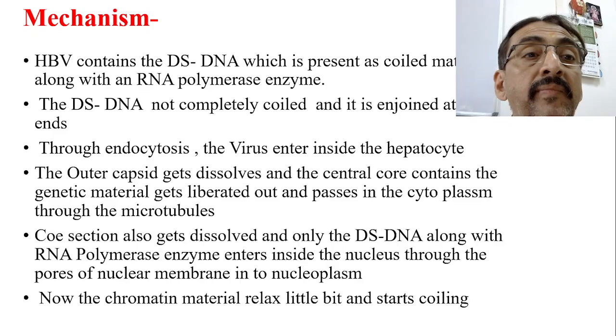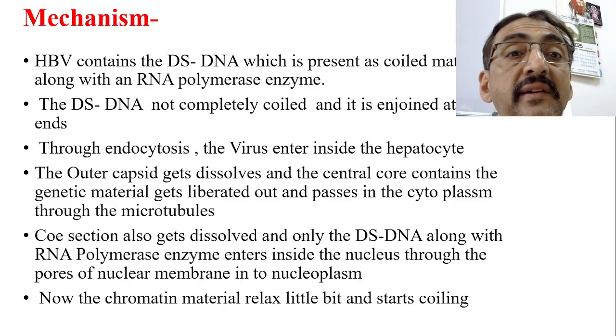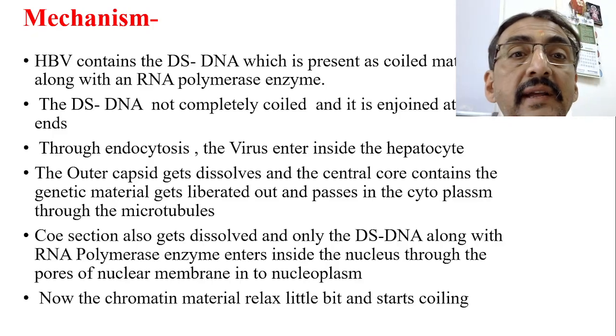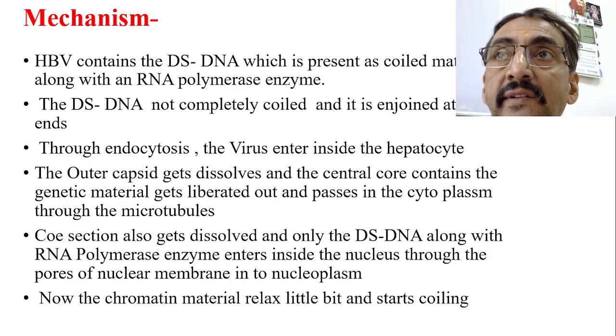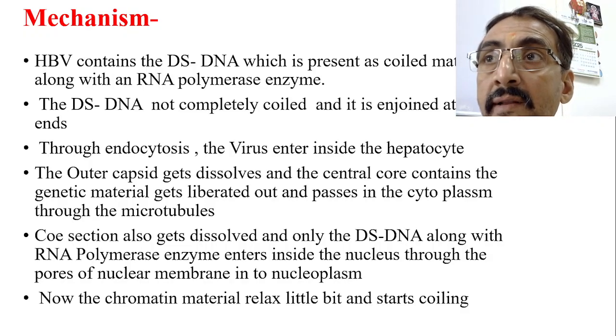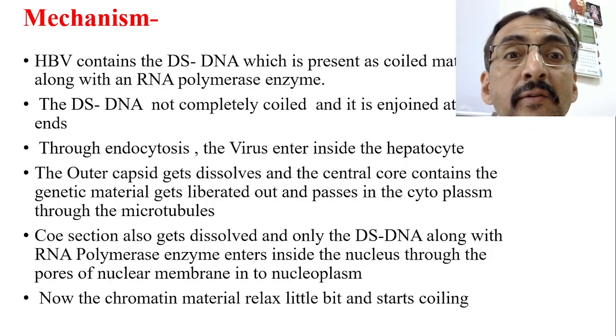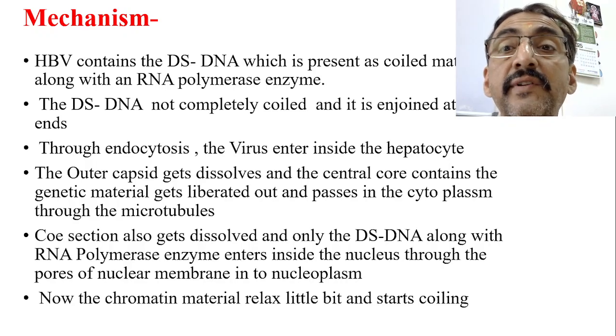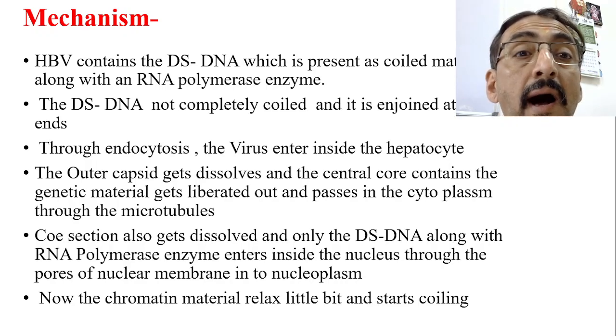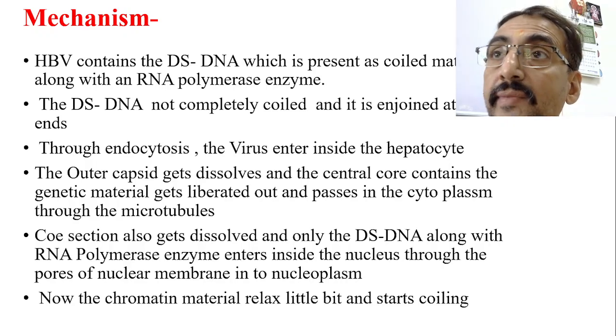Now, hepatitis B virus contains dsDNA, double-stranded DNA. Immediately after entering inside the hepatocyte, the circular DNA gets converted into double-strand DNA, which is present in the coiled matter along with an RNA polymerase enzyme.